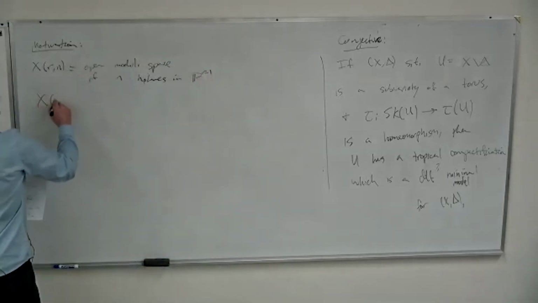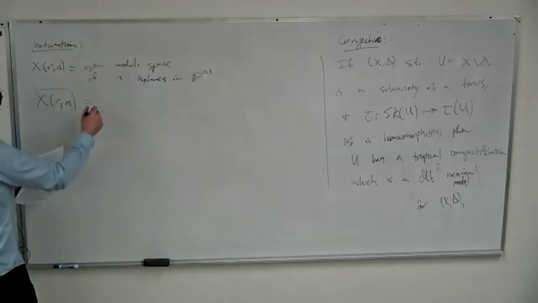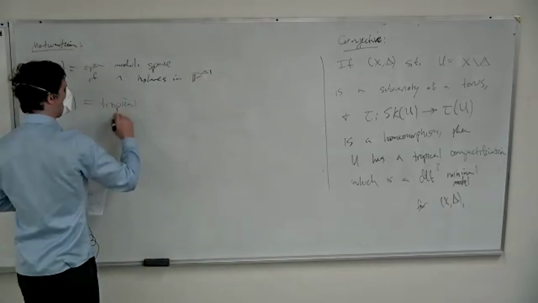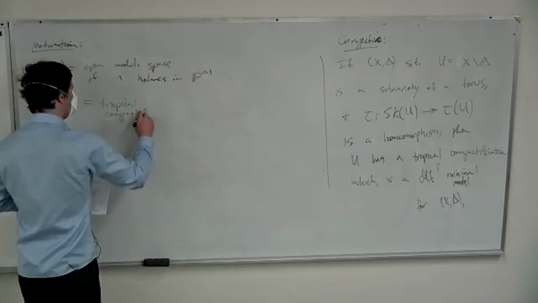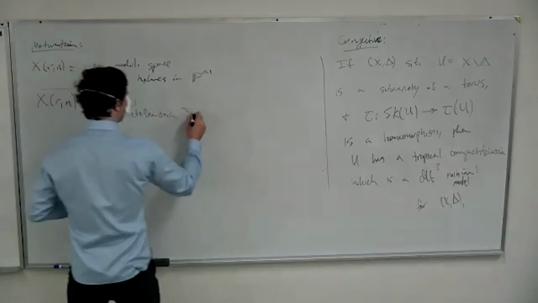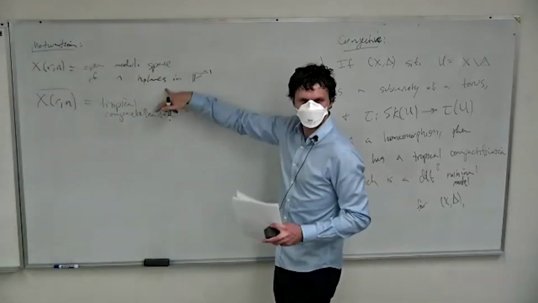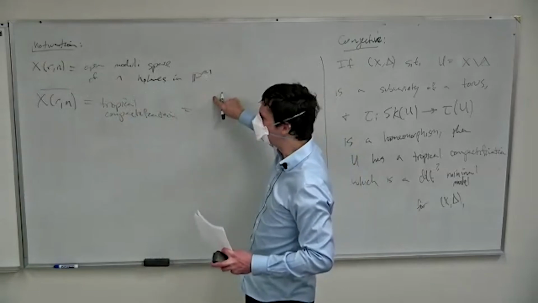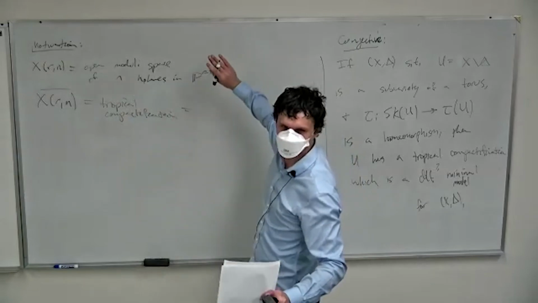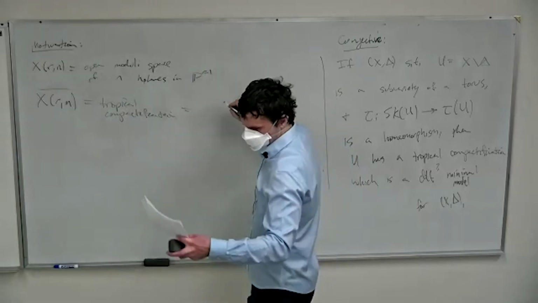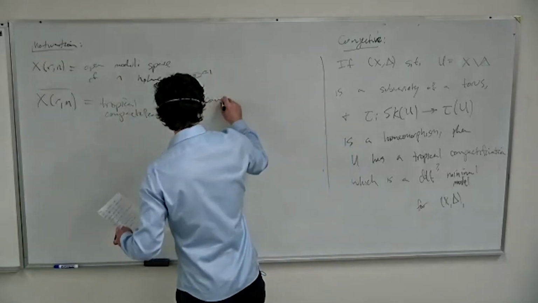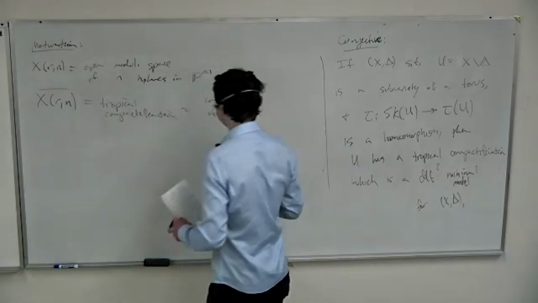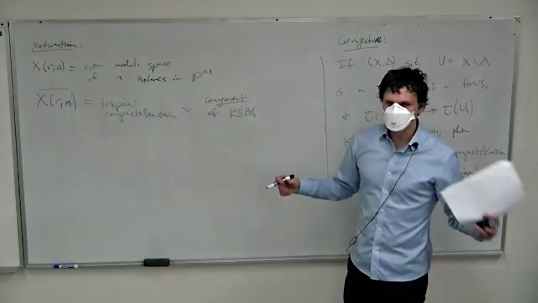And then we say that X_{r,n} bar is a tropical compactification. It turns out that for some tropical compactification, this is exactly what you want, namely the KSBA space. Well, not the entire KSBA space, but some component. This is something I think which is not well understood. This is a component of the KSBA space which parameterizes stable pairs.